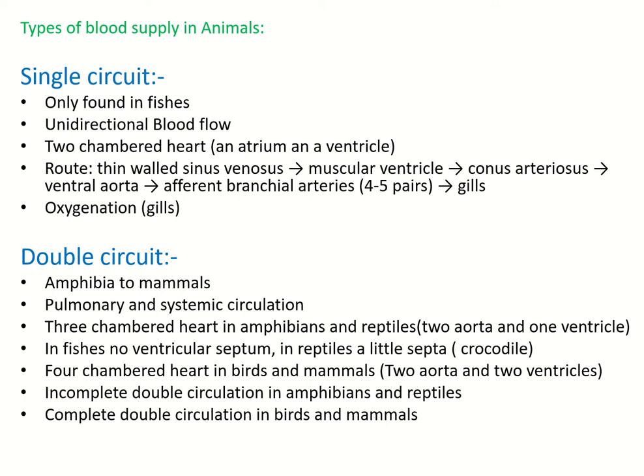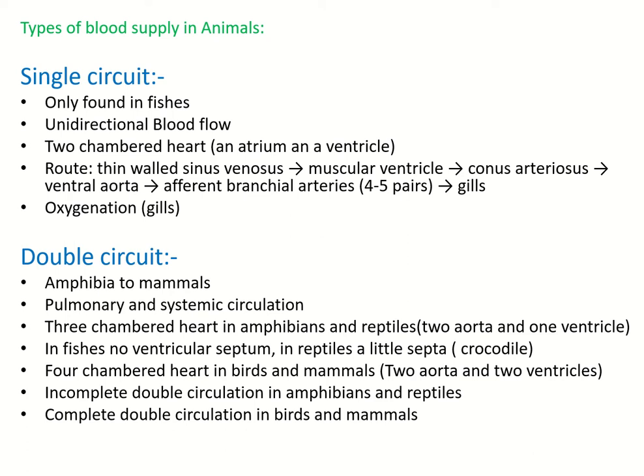From ventral aorta, the blood goes to afferent branchial arteries, which are 4 to 5 in pairs, and those branchial arteries open into gills, where exchange of gases takes place. You can say oxygenation takes place.